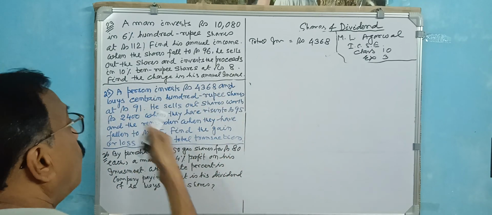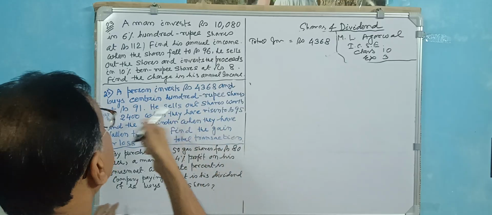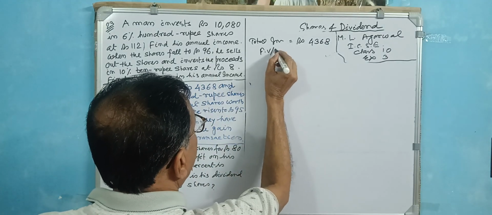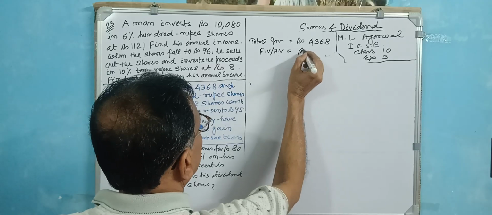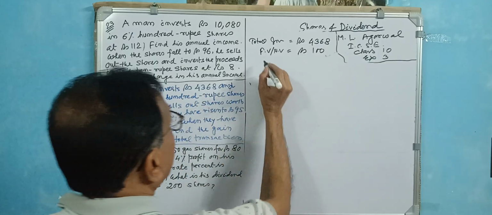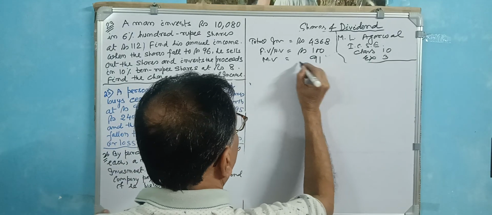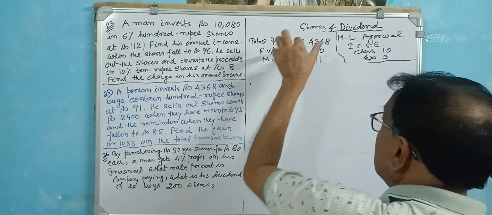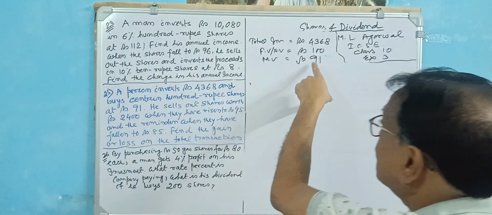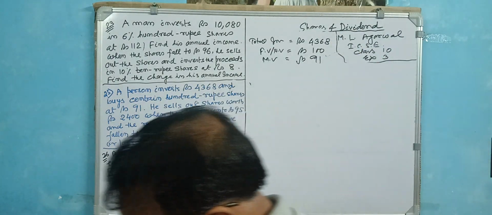First you write what is given: he buys certain shares, you don't know the number. The shares are 100 rupees, the face value or nominal value, and 'at' means the market value. The market value is 91. That means the man invests this and purchases shares from the market when the market value is this. First, what is the number of shares he bought?